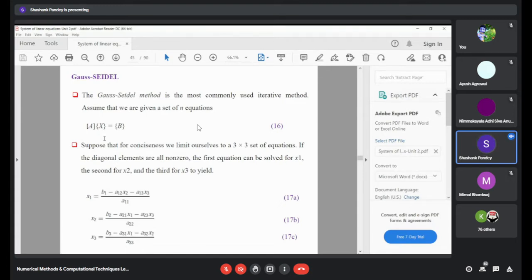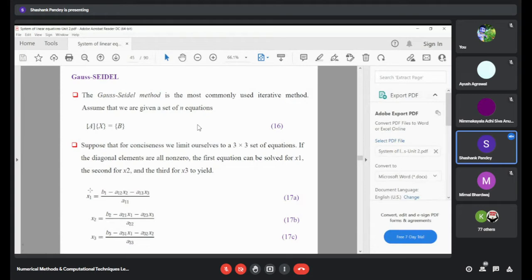Ayush, can you suggest what we could take? We assume x2 and x3 as zero, and once we get the value of x1, we substitute it in equation 17b, with x3 initially assumed to be 0, and we get one value of x2.